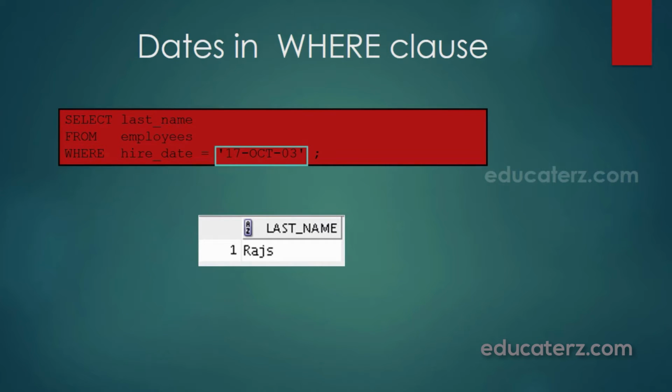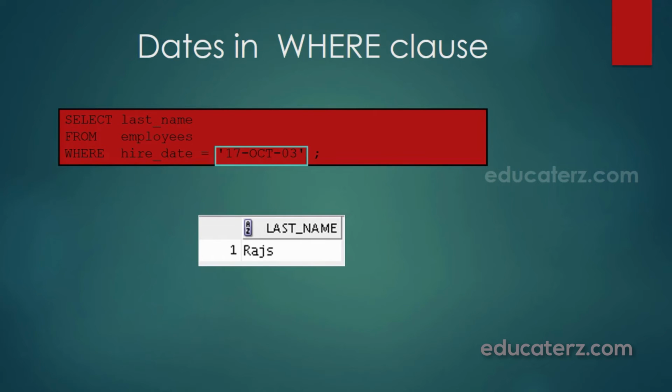Dates in the where clause. In the comparison, you can compare dates with the date column values. Look at this example. This query returns the last name of the employee from the employees table where hire date is equal to 17th October 2003. The date is mentioned in this format: 17-OCT-03, the hire date.